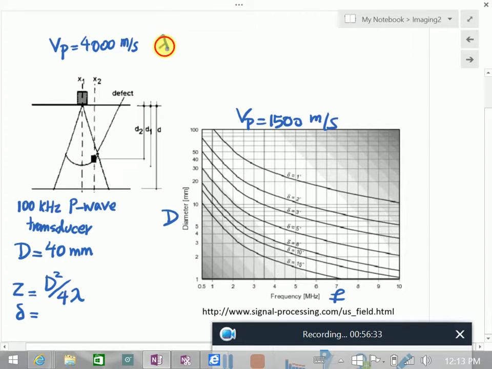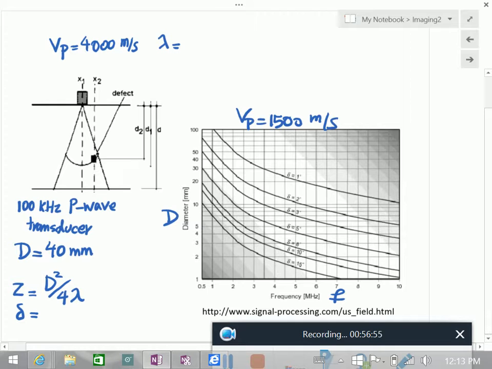Oh no, let me clarify that. This I just gave you, to have it in your notes. This is a graph for water, and this relates to wavelengths and not frequency. So with these two parameters, we can have this figure.